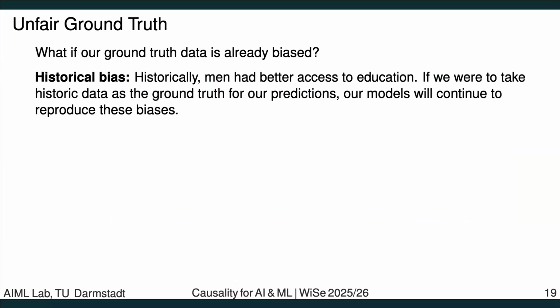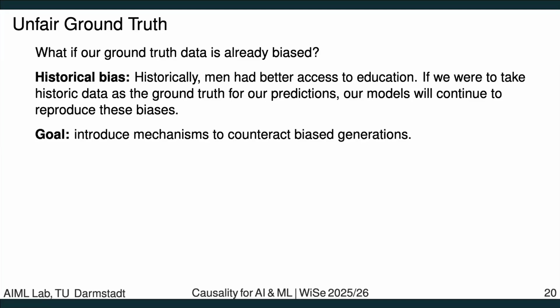Again, it's most of the time historical bias, where, for example, men had better access to education in the past. So if we were to look at all the academic data from schools and whatever of the last 100 or 200 years, our models might see that it's male dominated, and might get biased by that.